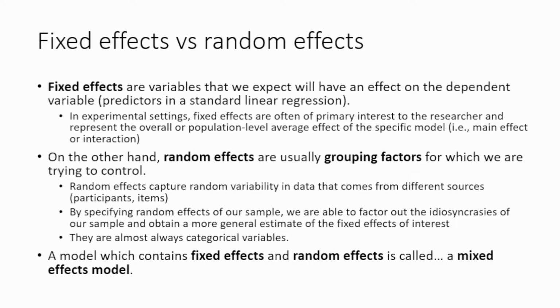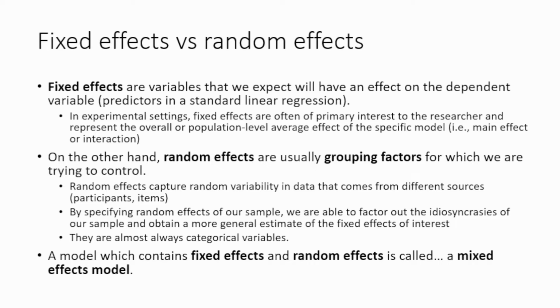These will be called predictors in a standard linear regression. In an experimental setting, fixed effects are often the primary variable of interest to the researcher and represent the overall or population level average effect of the specific model, i.e. a main effect or an interaction between two main effects.